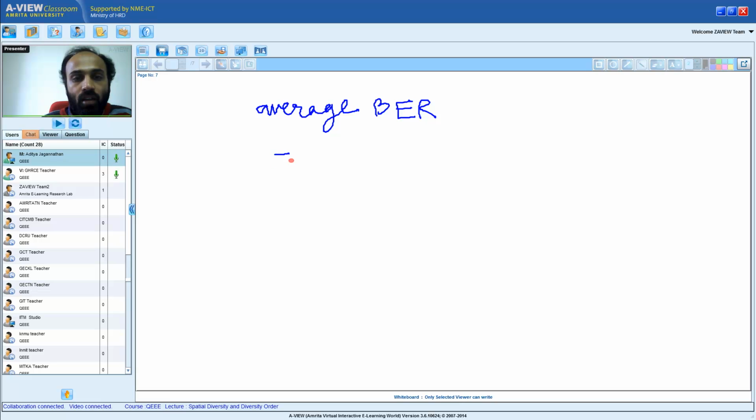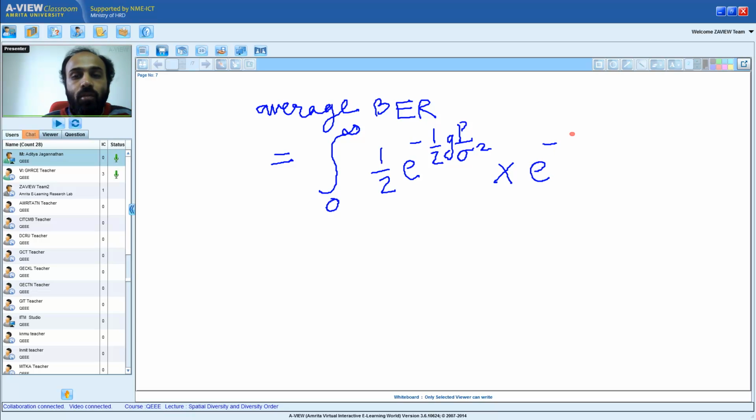Average bit error rate equals integral 0 to infinity the bit error rate as a function of G, that is half e to the power of minus half G times P over sigma square, multiplied by the distribution, that is e to the power of minus G.